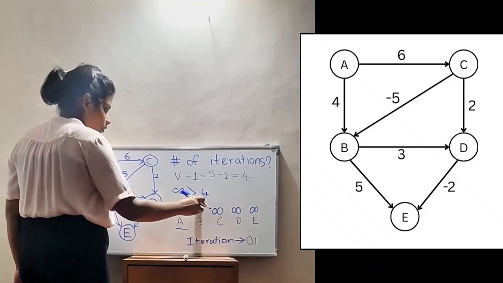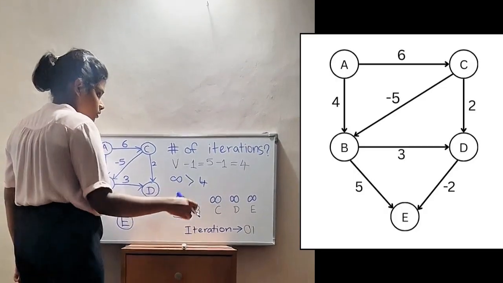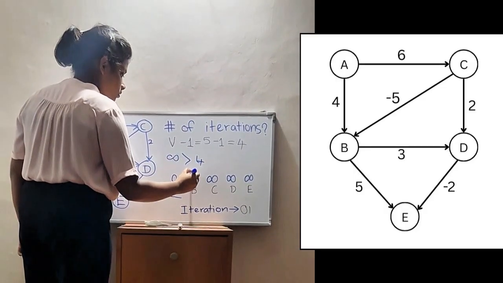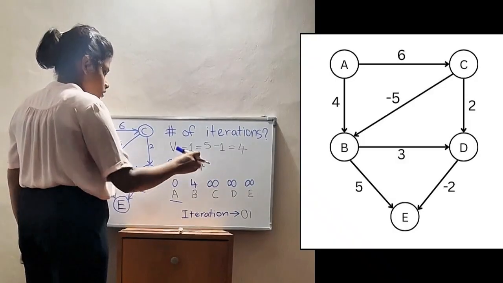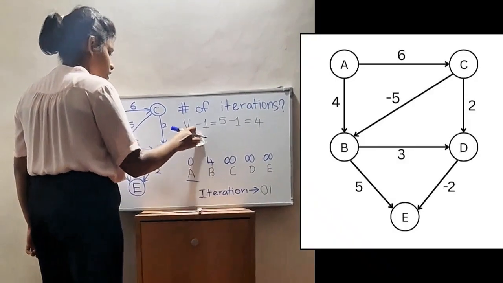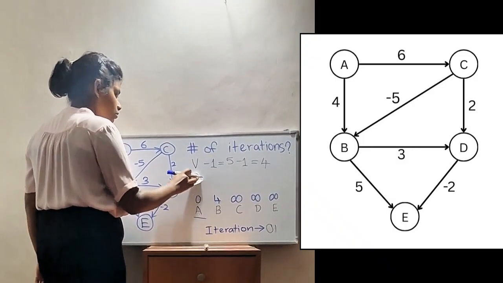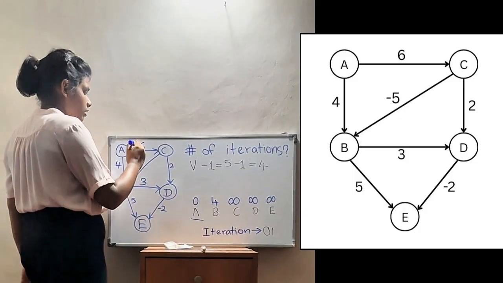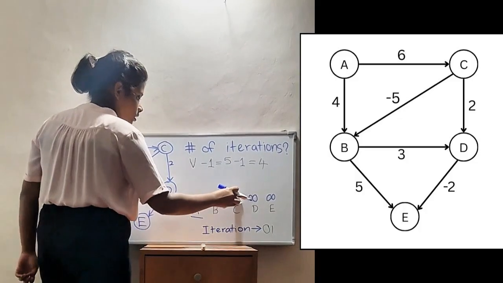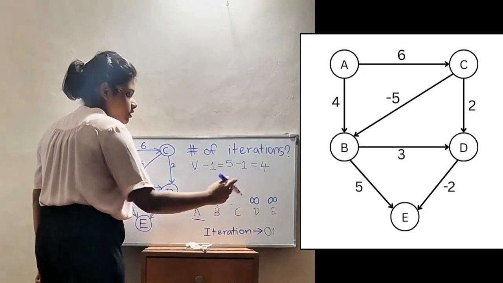Because of that we can update this and this will become 4. Same as that we can update C, A to C is 6, and this will be updated as 6.